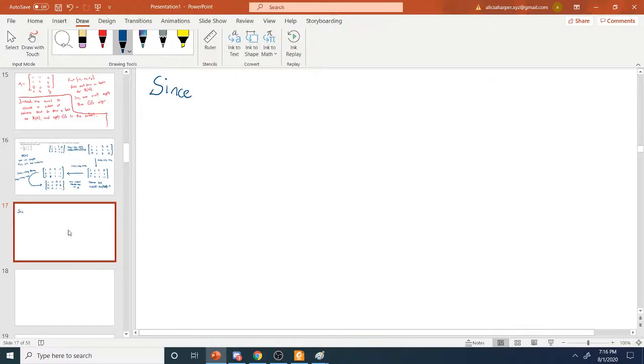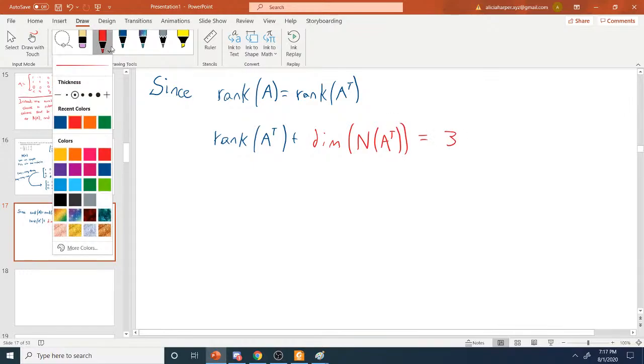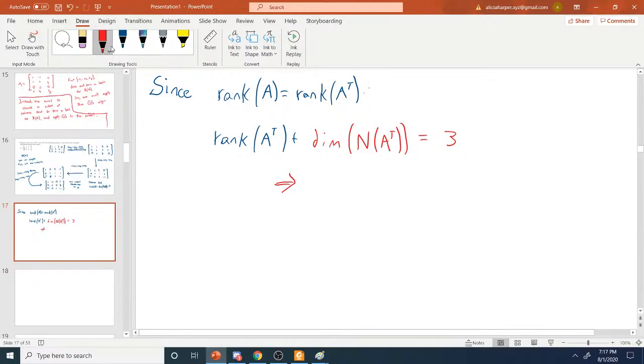Since the rank of A is equal to the rank of A transpose, and the fact that the rank of A transpose plus the dimension of the null space of A transpose is equal to 3, it follows that, well, recall that this is equal to 3.